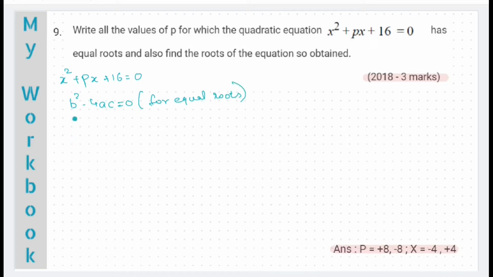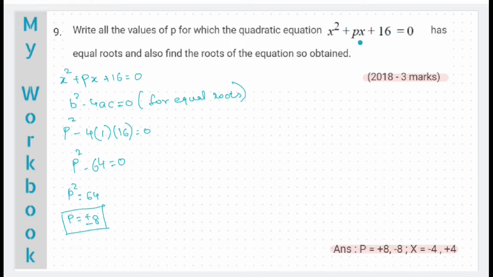So b is nothing but p. So p square minus 4 into a is 1 and c is 16. So p square minus 4 into 16, which is 64, equal to 0. P square is 64. So p will be plus or minus 8. So we have two different values of p for which this equation will have equal roots.